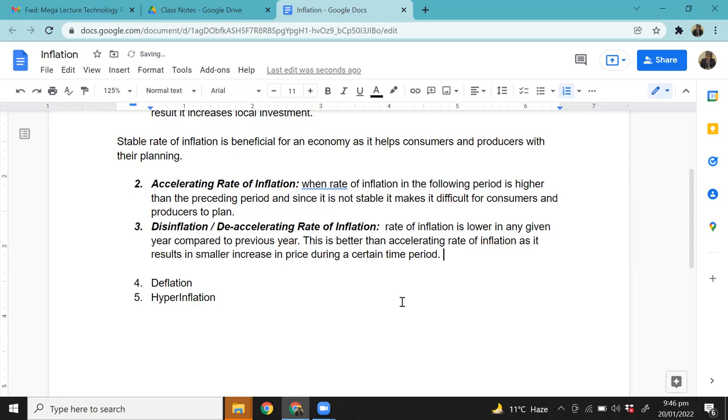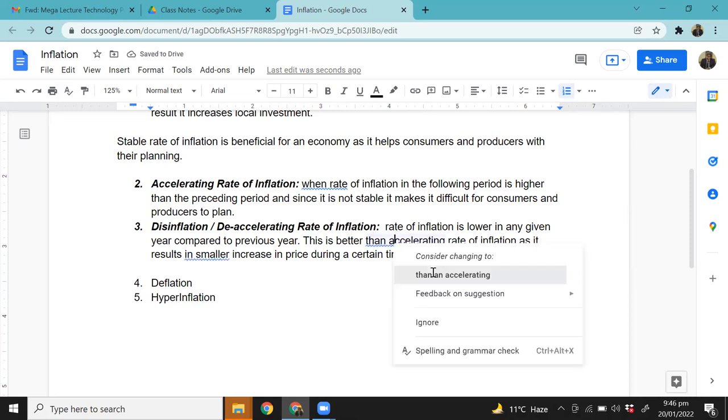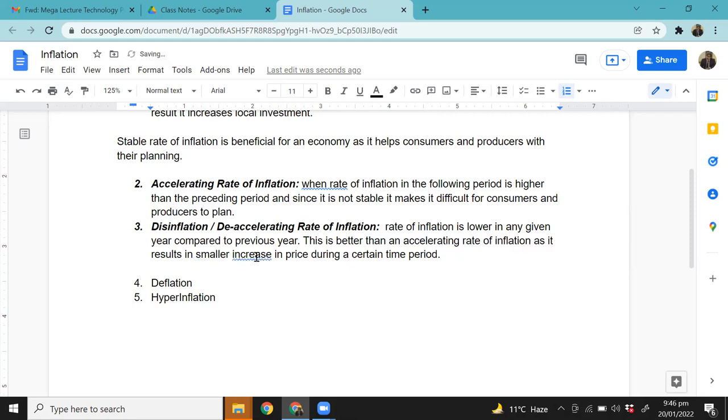Right, students, are you following this? So why is this better? So this is better than an accelerating rate of inflation as it results in smaller increases in prices during a certain time period, as we just observed. Easy? Any confusion so far?